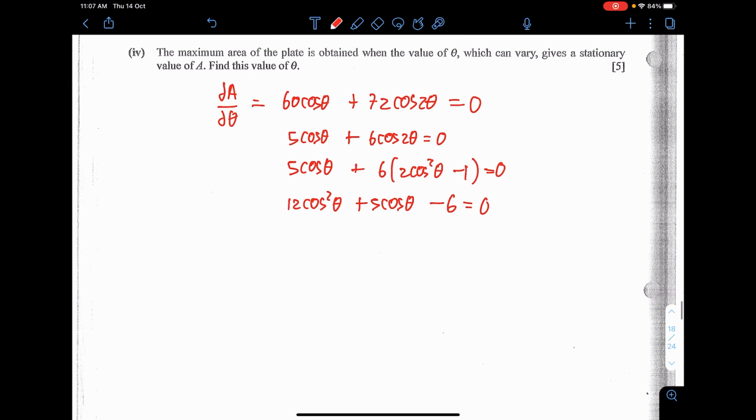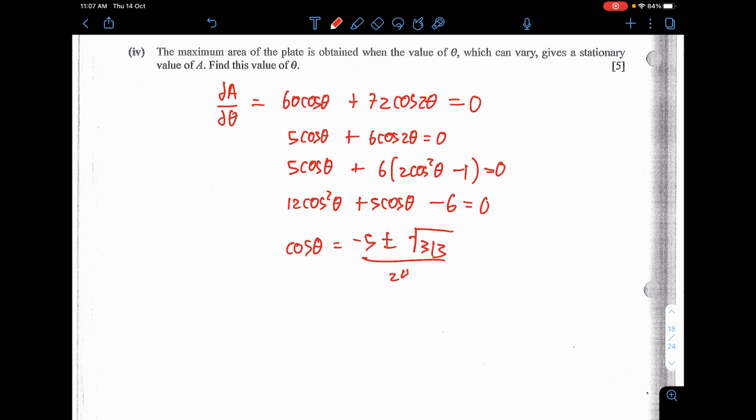Then I just use the quadratic solver. Cosine theta will be negative 5 plus minus root of 313 over 24. There are two values, with a plus and with a minus. But remember that theta is an acute angle according to the picture earlier, so I'm only going to take cosine theta to be the positive.